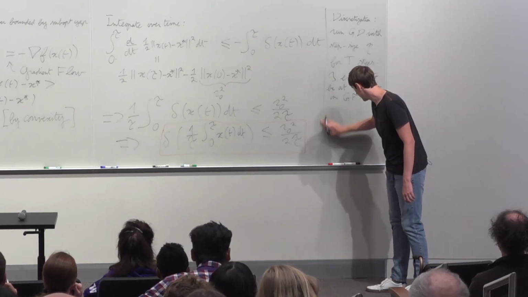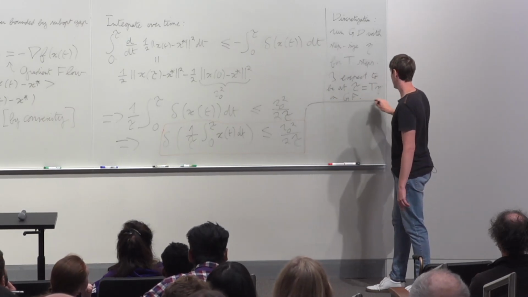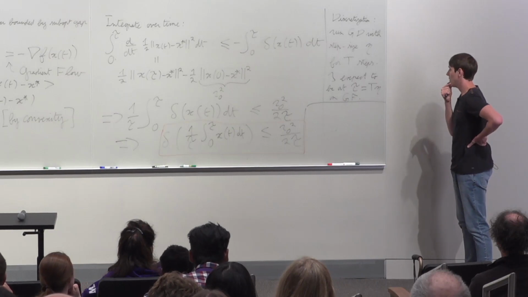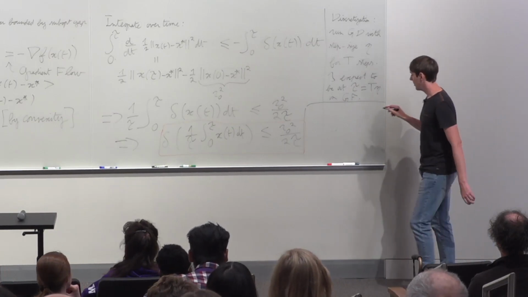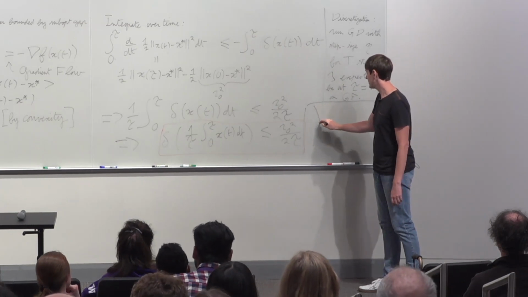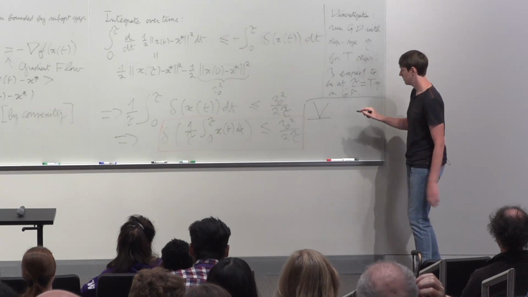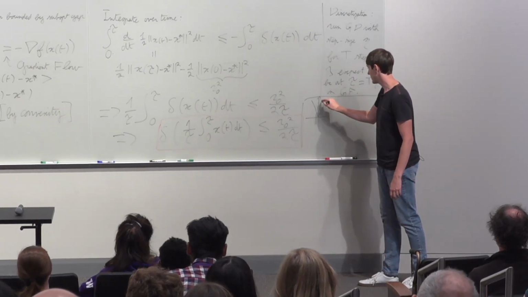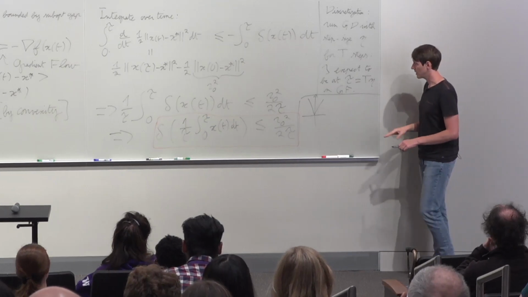Maybe I was a bit optimistic that this is enough space. Let's see. So what is the error that I make when I do this eta step? Well, let's just look at it on an example. Say that I'm optimizing this function, just the absolute value. This is the function that I'm optimizing. This is an honest convex function, not hiding anything.